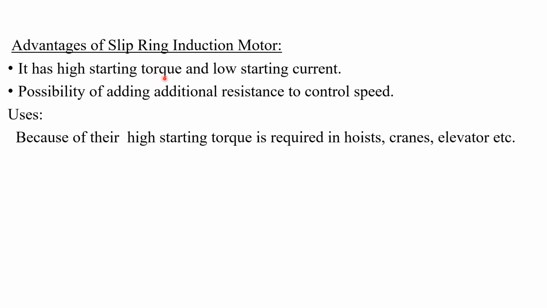So these are the two major advantages of the slip ring induction motor, or we can say these two points are the major disadvantages of the squirrel cage induction motor. Due to that disadvantage, we developed slip ring induction motors. Because of their high starting torque, they are mainly used for hoists, cranes, elevators, etc. That means where we need high starting torque, there we can use slip ring induction motors.